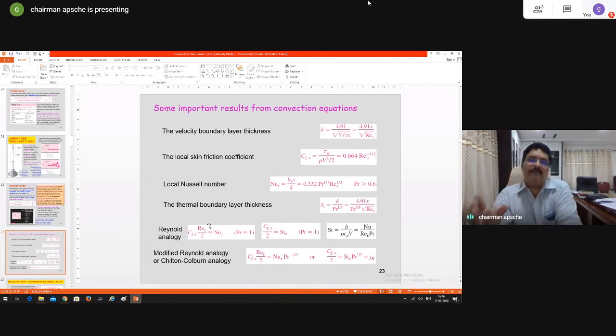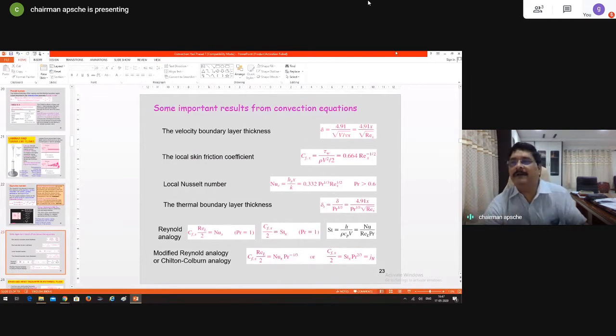And Cfx by 2 in a laminar external flow over a flat plate: the local value, when multiplied with 2, gives the average value. This is not a general statement; you can apply this only to laminar flow over flat plates.